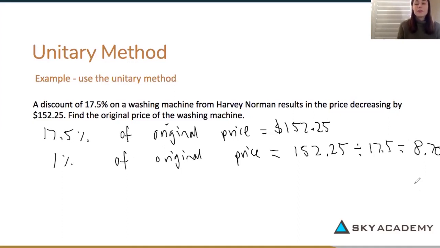And the original price is always 100% of something. So I need to figure out what the original was, which is 100% of original price. And so that's just going to be $8.70 times by 100, which is going to leave me with $870.